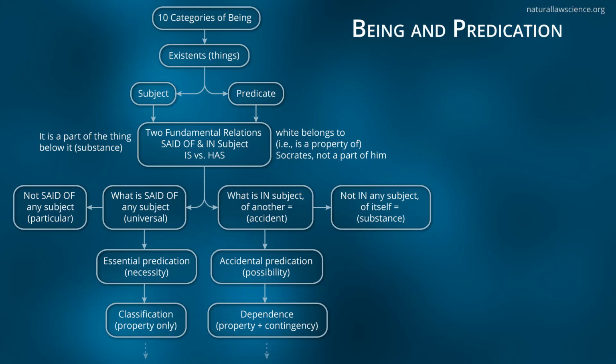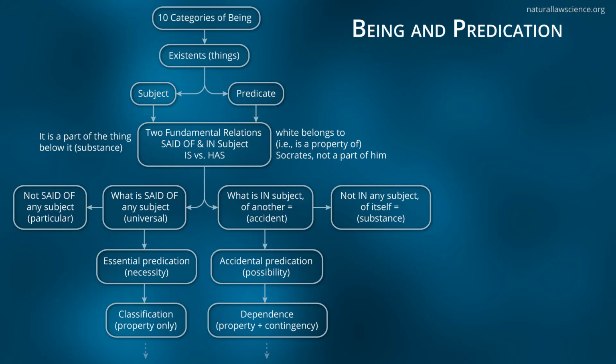The accident is in the substance, and the substance has an accident. So white belongs to Socrates. It's not a part of him. Socrates isn't white. Socrates has whiteness. It's a property of. It's not an essential property, not an essential part of being. It's an accidental being.